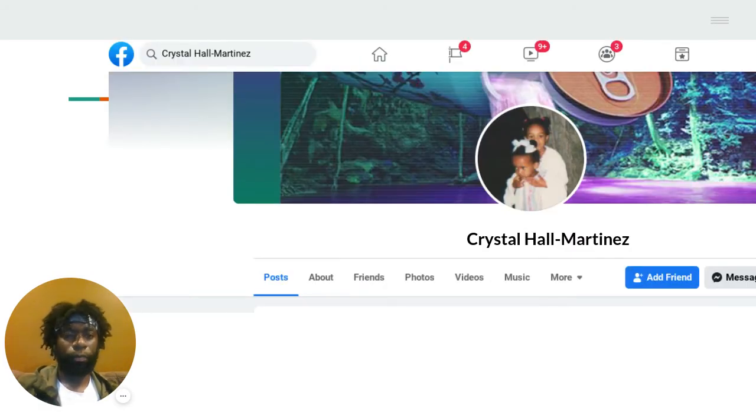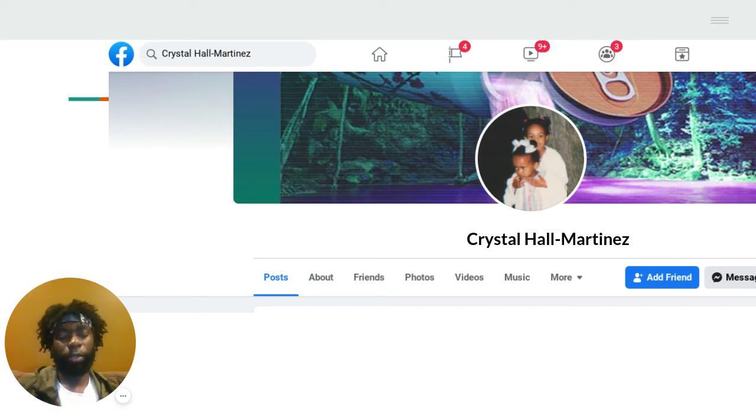And in that search, in browsing and perusing the profiles, we were able to find a Crystal Hall Martinez, which is a pretty specific combination of names, and that's always good to focus on: the less common names, less common places, people that you have specific info for, like birth and death dates, marriage dates, spouse and children's names.